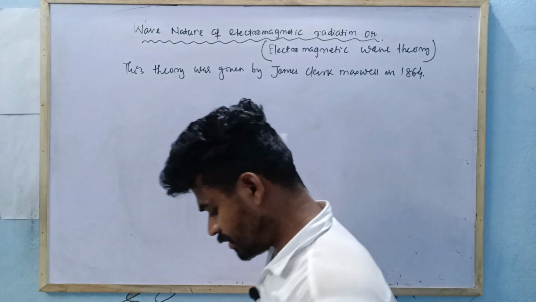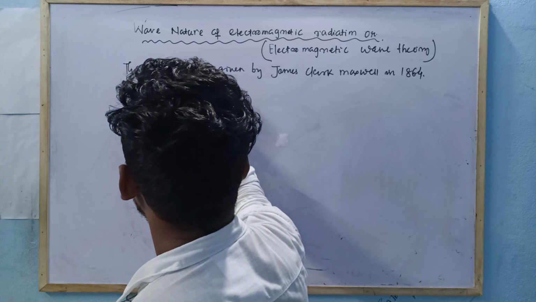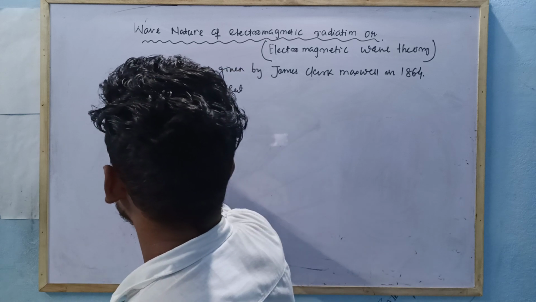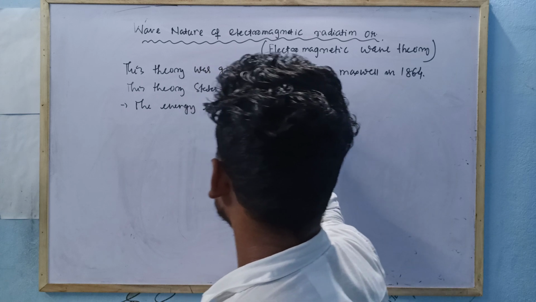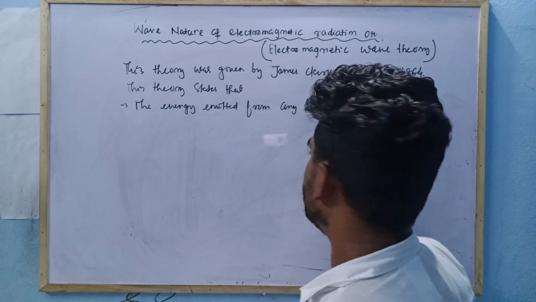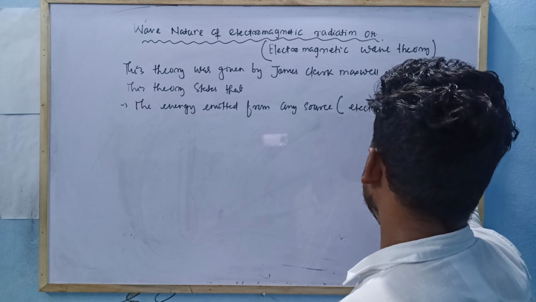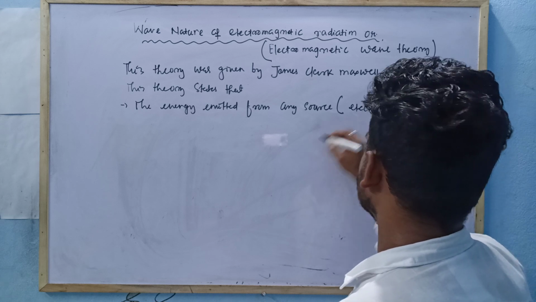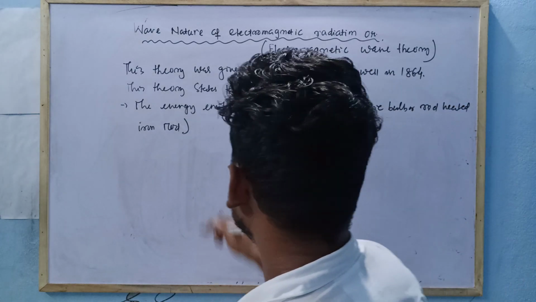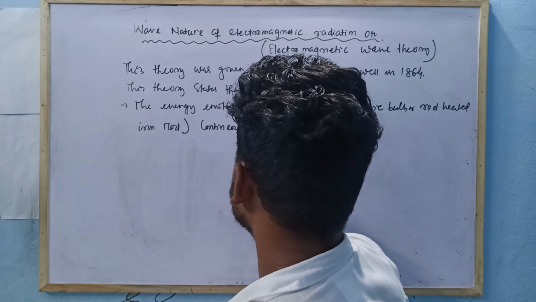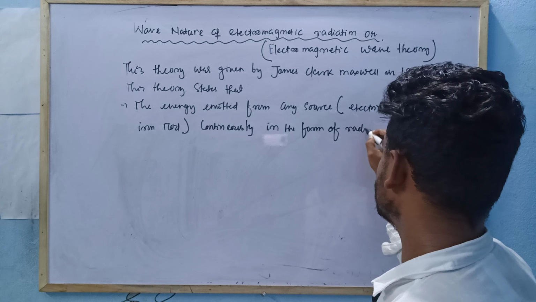Okay, so the following points you have to note. This theory states that the energy emitted from any source, you can imagine an electric bulb or a red heated iron rod, is emitted continuously in the form of radiation.